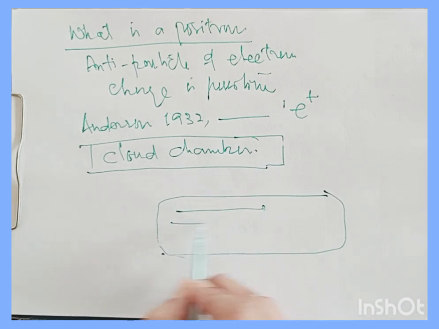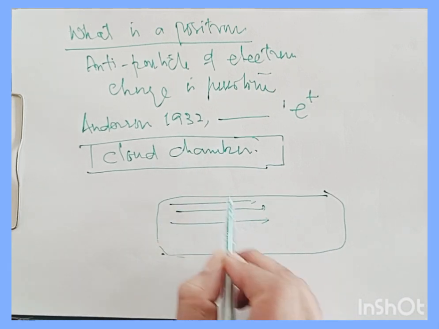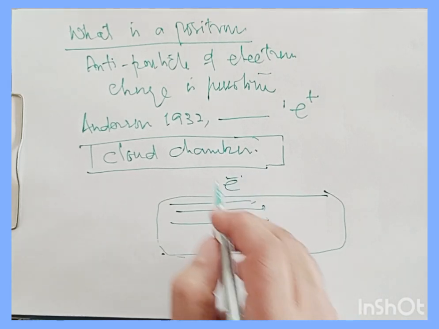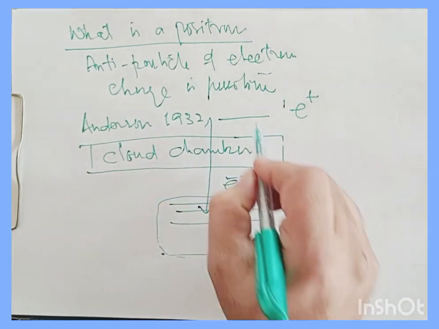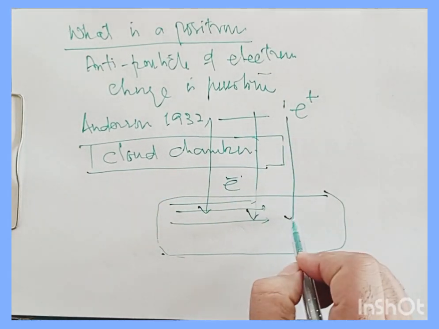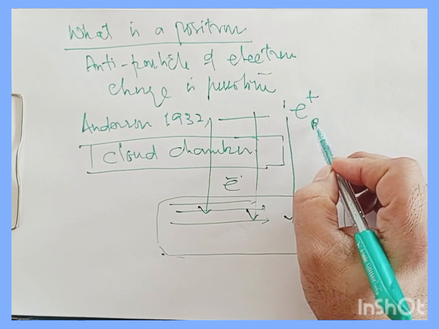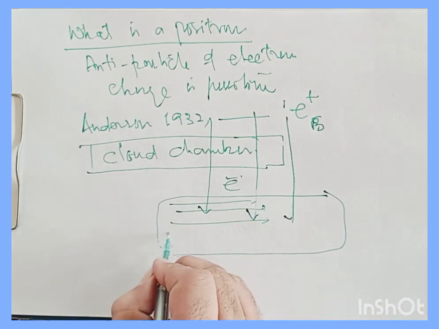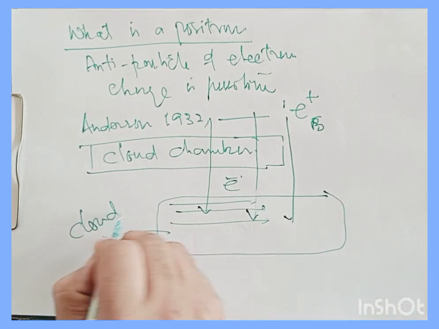If they are electrons, they have a path like this, and then a magnetic field B was applied to the cloud chamber.